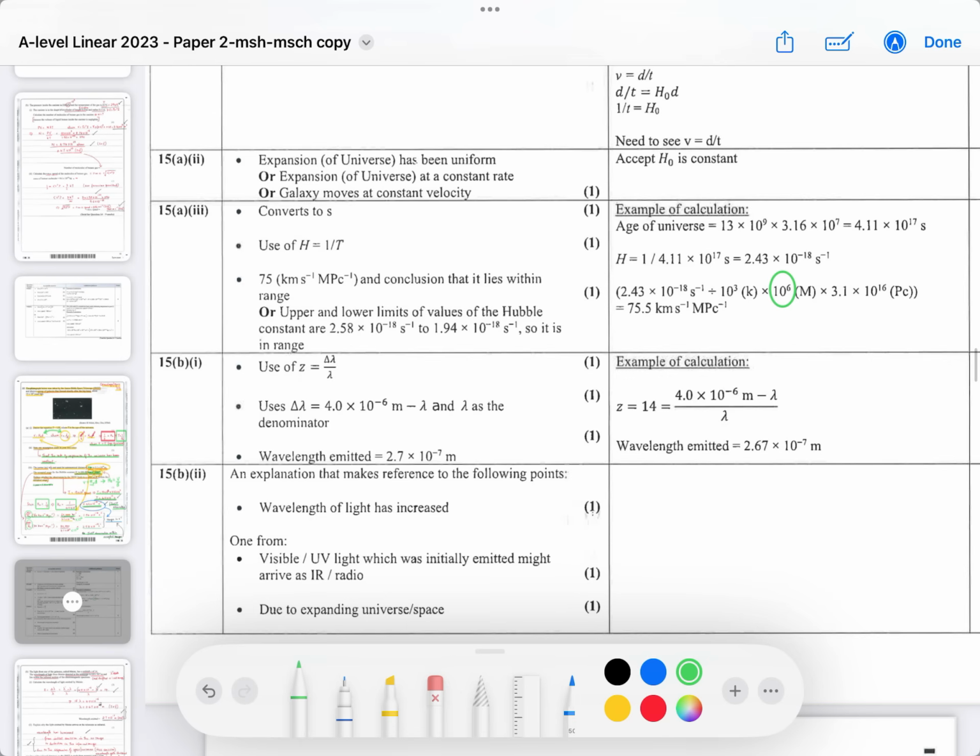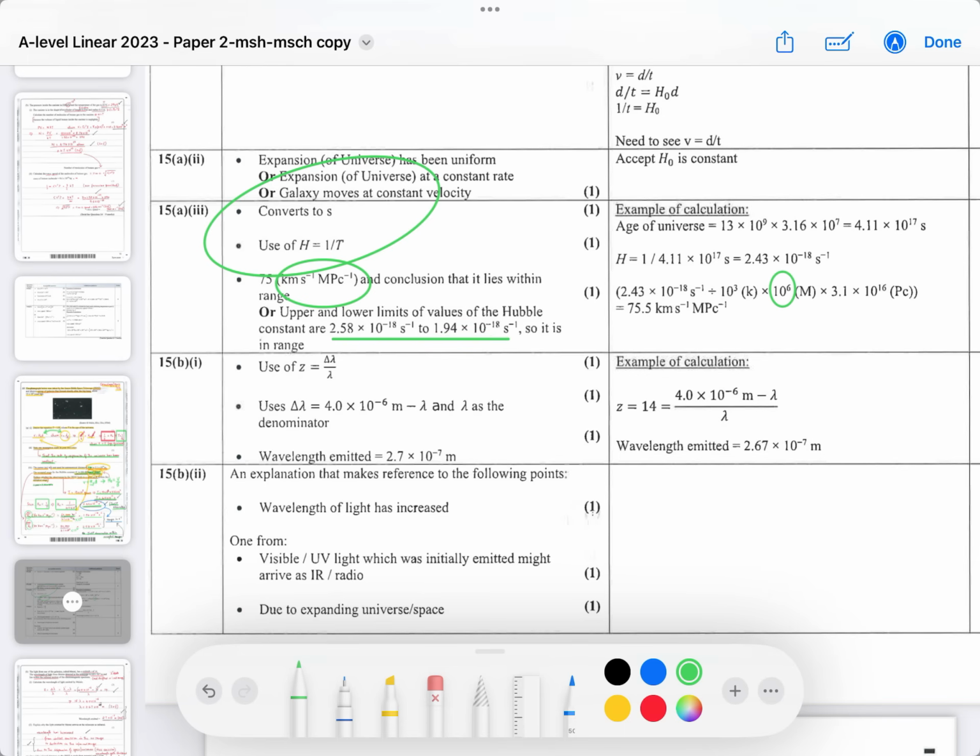But you can try it both ways. It is a very common question, having to convert these units from kilometers per second per megaparsec into per seconds. You can see the range we got is from the mark scheme.